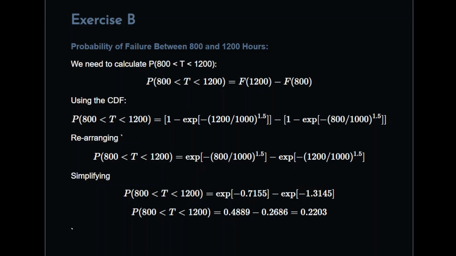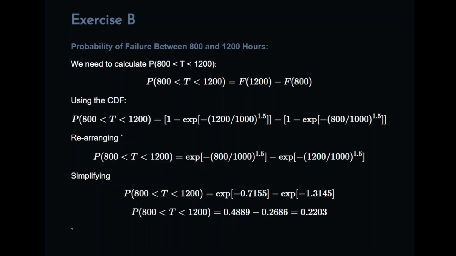Essentially we can tidy that up and rearrange it. So we have the exponential of minus (800 divided by 1000) to the power of 1.5 minus the exponential of minus (1200 divided by 1000) to the power of 1.5. Really I could have gone 0.8 and 1.2 there, but just to make sure you can keep track of it.